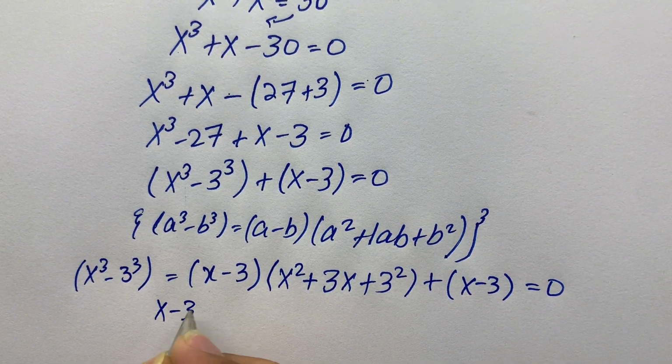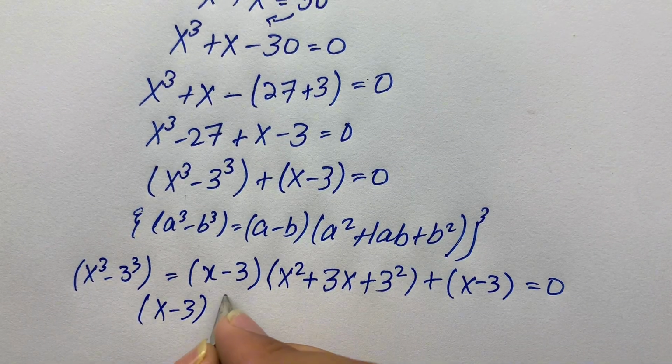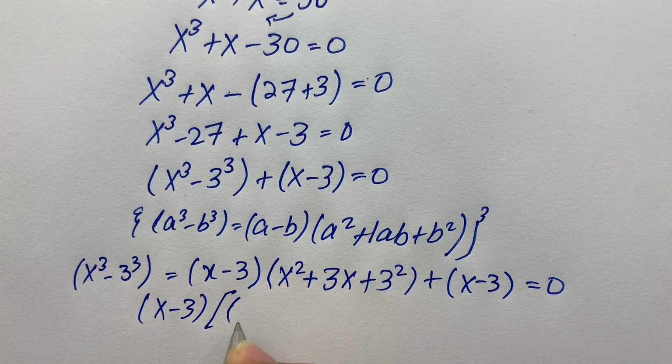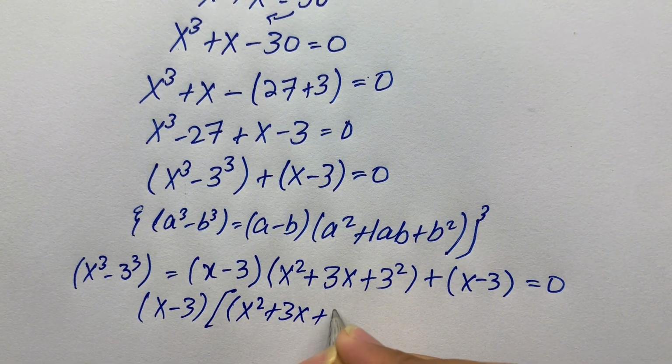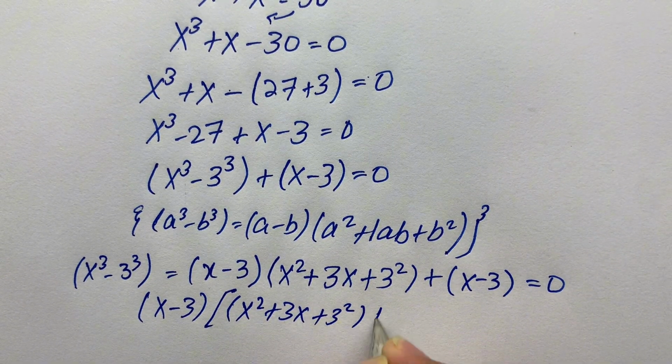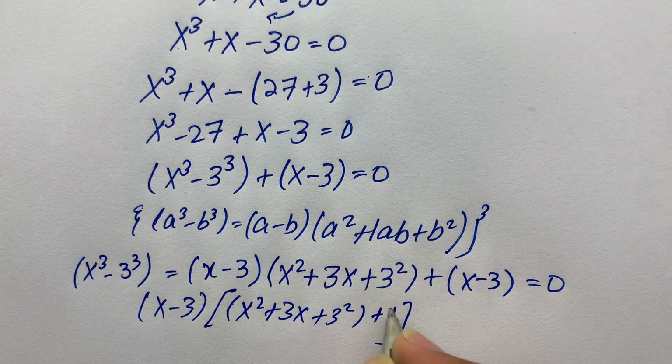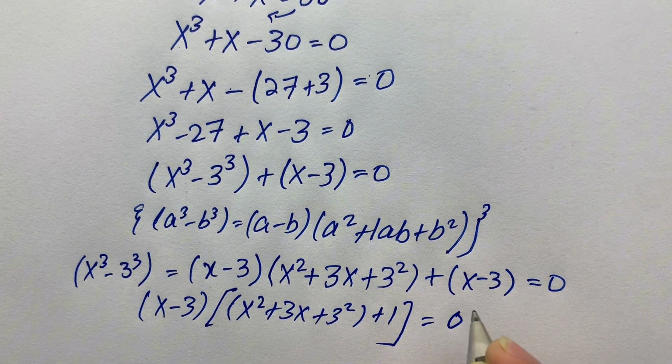Taking x minus 3 common, x squared plus 3x plus 3 squared plus 1 is equal to 0.